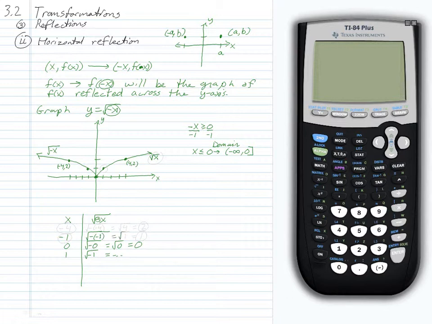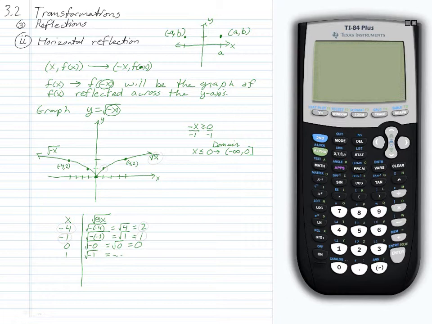So we get the square root of positive 1, which is 1. And if I plug in negative 4, again, the negative and the negative of my x cancel, and I get the square root of positive 4, which is 2. So that negative inside now allows me to achieve the same output by inputting the opposite x value.